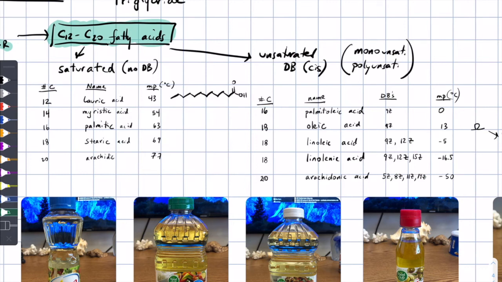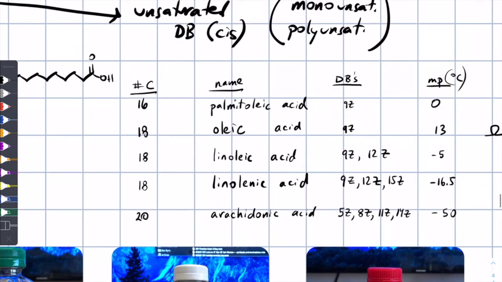when you introduce a single double bond into a molecule, a fatty acid, its melting point lowers dramatically. So the fully saturated 16-carbon fatty acid palmitic acid has a melting temperature of 63. You put one double bond in there at carbon 9, and it's a cis double bond, and suddenly it drops down and it's a liquid at room temperature and even at freezing temperature.